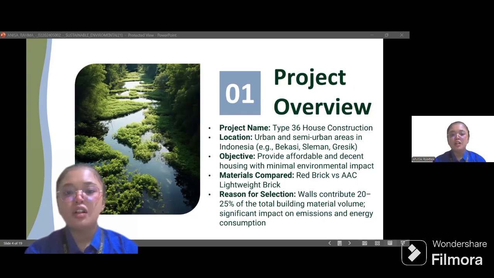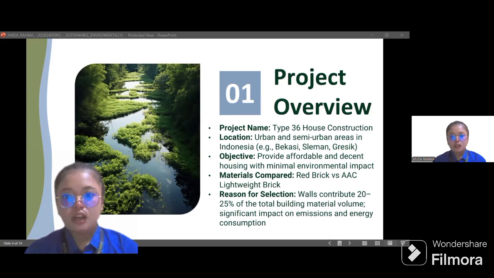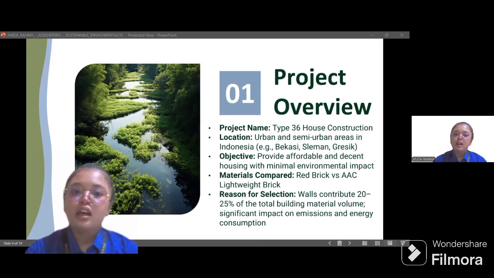The primary goal of the project is to provide adequate, affordable, and most importantly, environmentally friendly housing. As the world strives to reduce carbon emissions and achieve sustainable development, it is essential not only to consider technical and cost aspects, but also to evaluate environmental impact throughout the building life cycle.